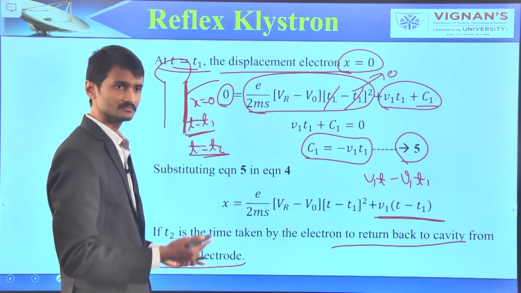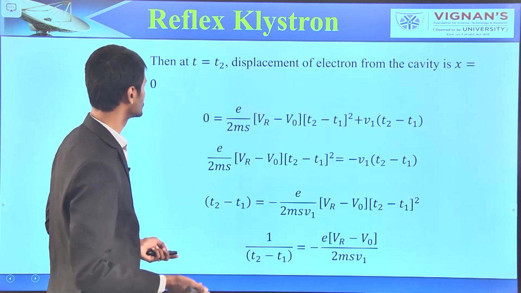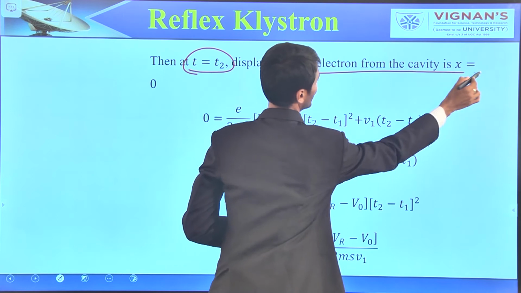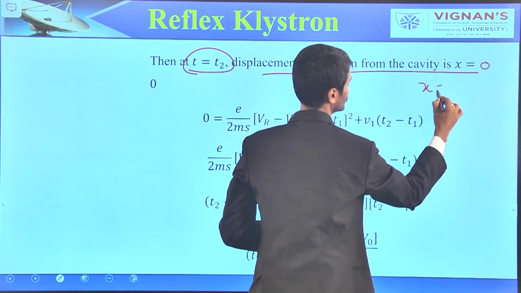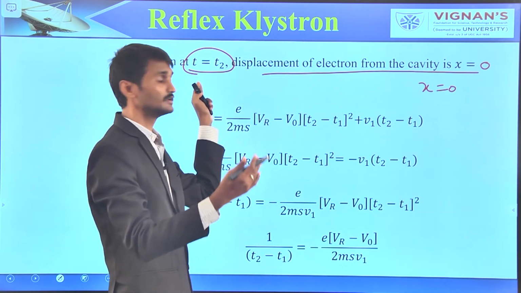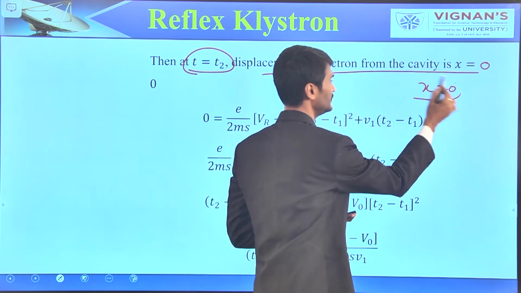Now at T2 the electron is at the gap only, right? So when T equals T2, the displacement of the electron from the cavity gap is x equals 0. Why? Because at T equals T2 the electron is at the cavity gap, so the displacement will be 0.